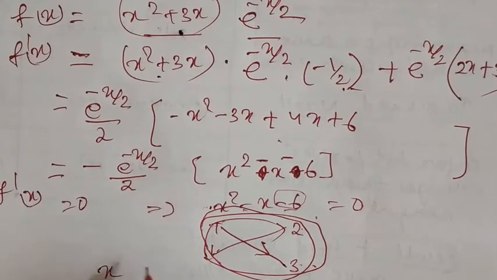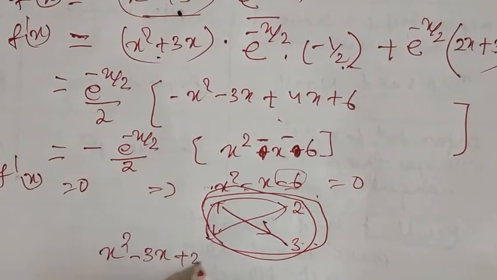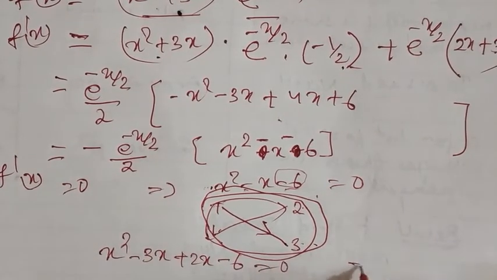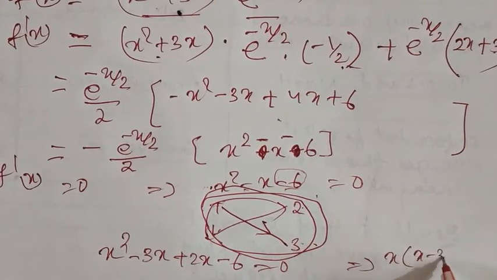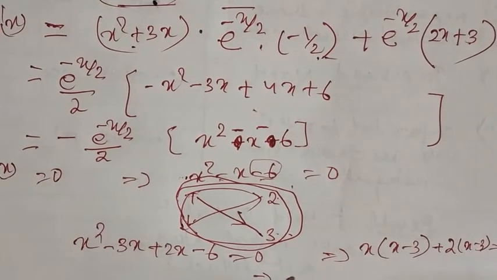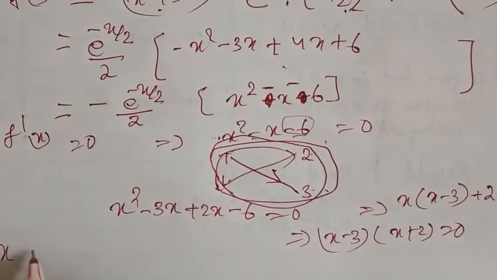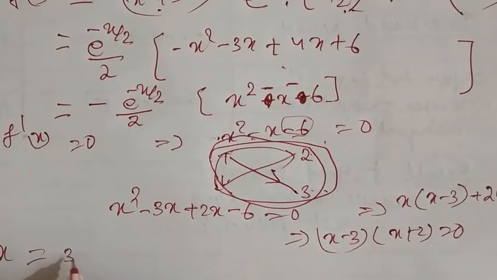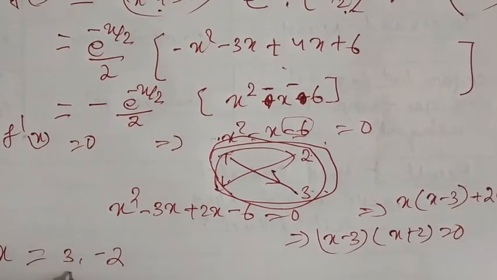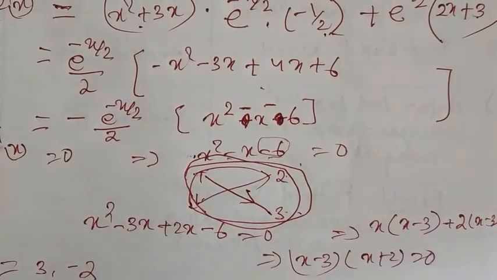So, it is x² - 3x + 2x - 6 = 0. So, x(x - 3) + 2(x - 3) = 0. So, this gives me (x - 3)(x + 2) = 0. I got x equal to 3 and -2. But out of all these, what lies between a and b, that is my c.